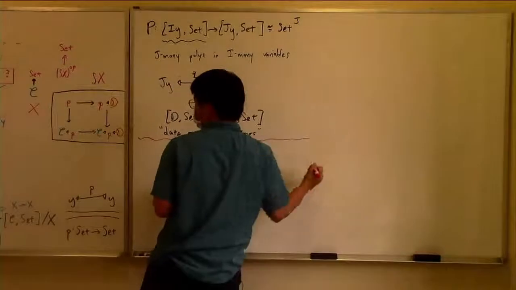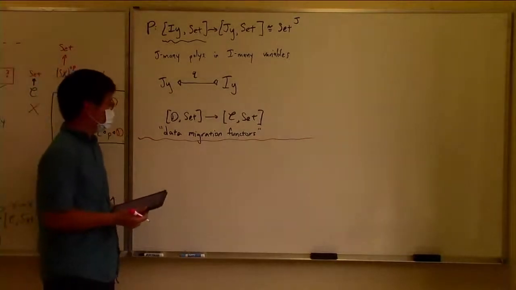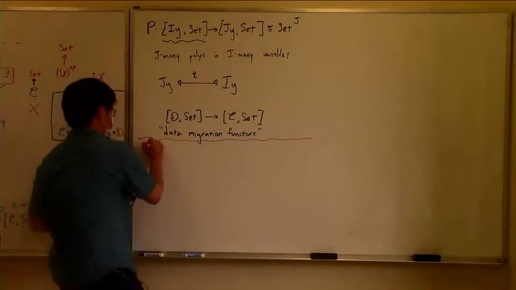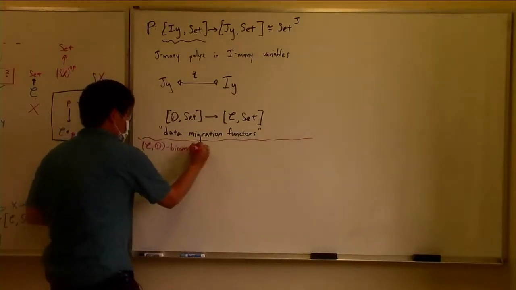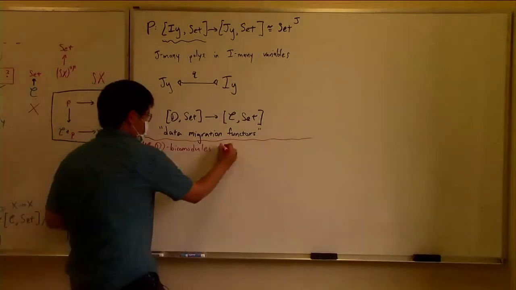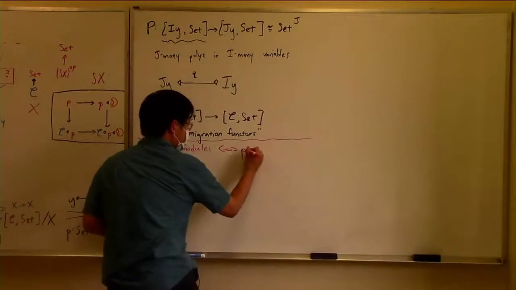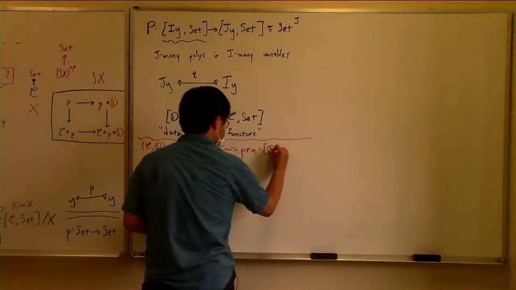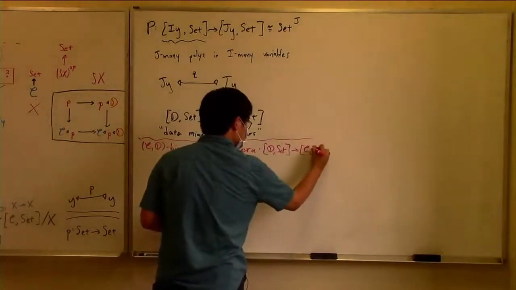So we've been writing this notation. Actually, let's talk about this. We know now that CD bicomodules are the same thing as these parametric right adjoints. I'm just going to write PRAs from D sets to C sets.